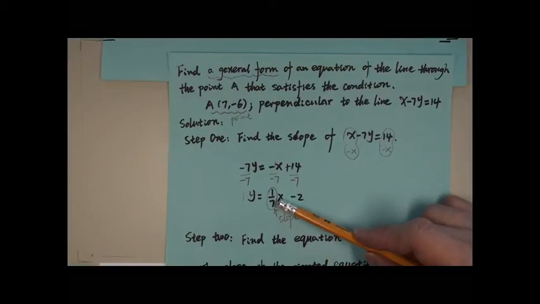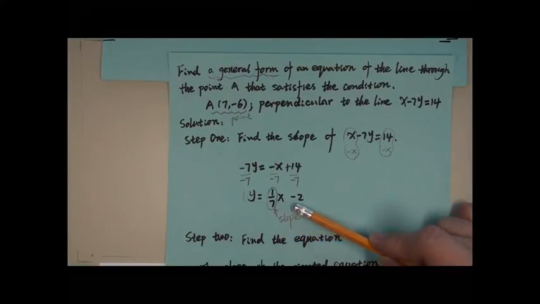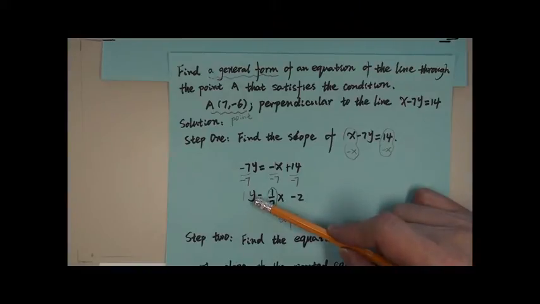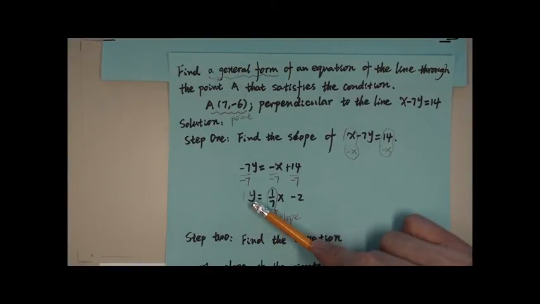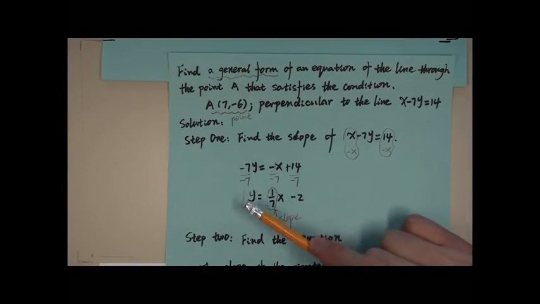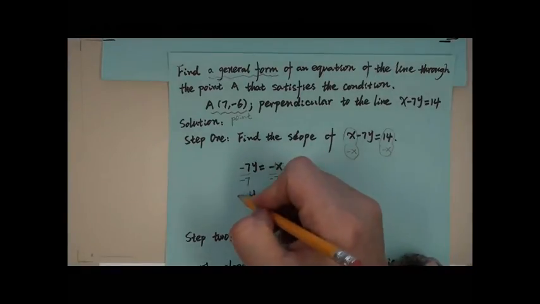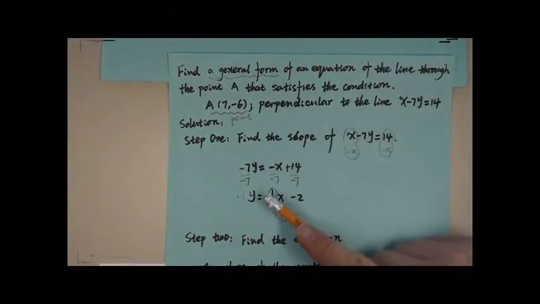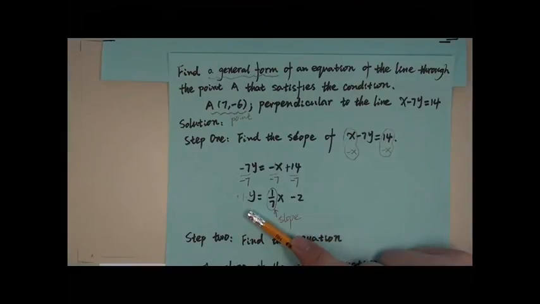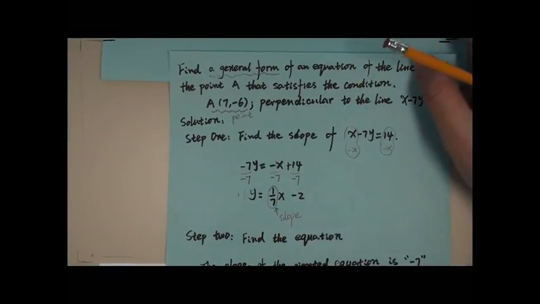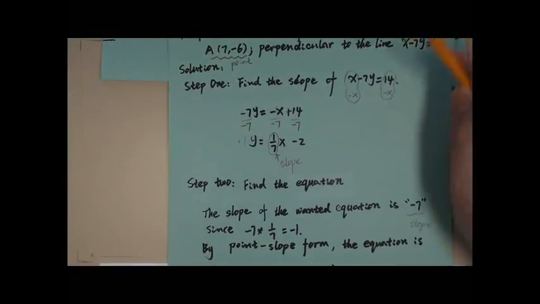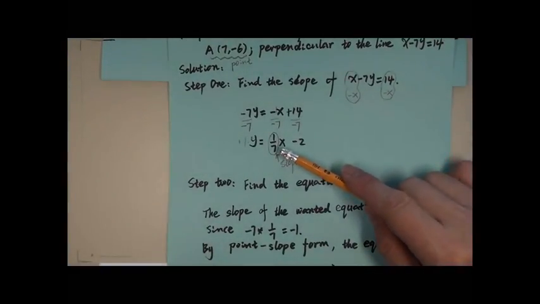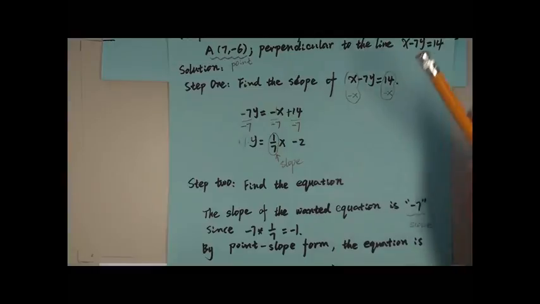If you have a form like that with y standing alone, make sure the sign of y is positive. Actually, here it is positive. If it were negative, that would be different. It has to be single y standing alone. And then the constant or the coefficient of x will be the slope.